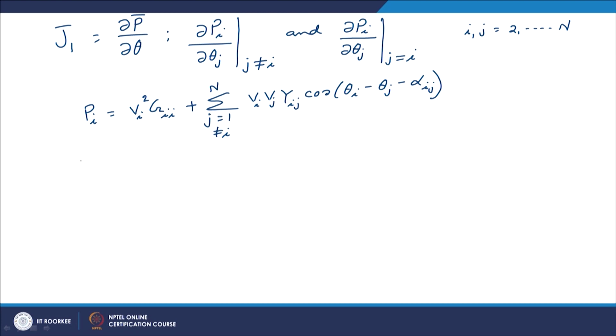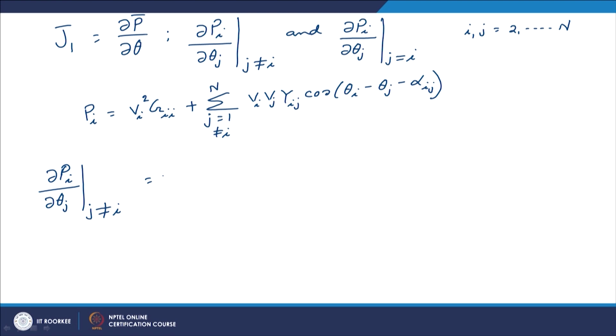So, now we first do the simplified one. We first do del Pi by del theta j, j not equal to i. Of course, the partial derivative of the first term would be 0, because j is not equal to i.